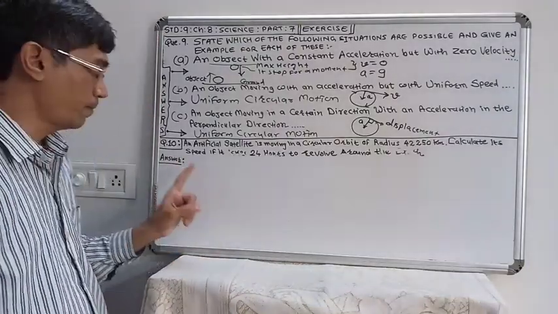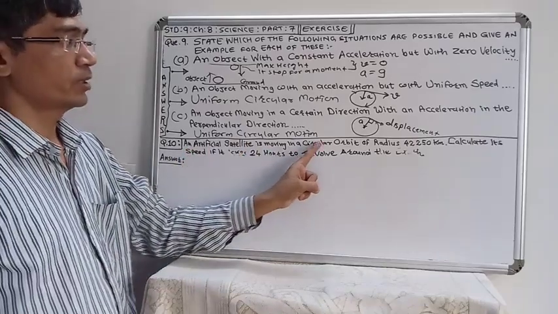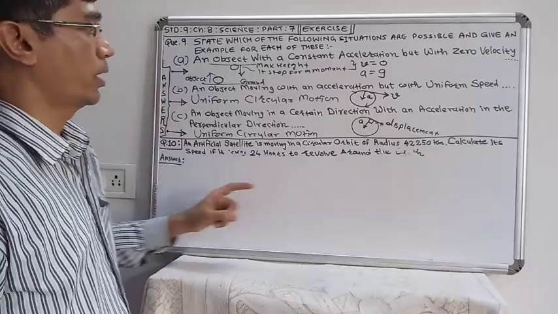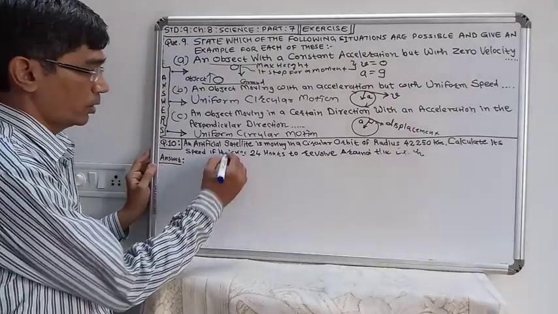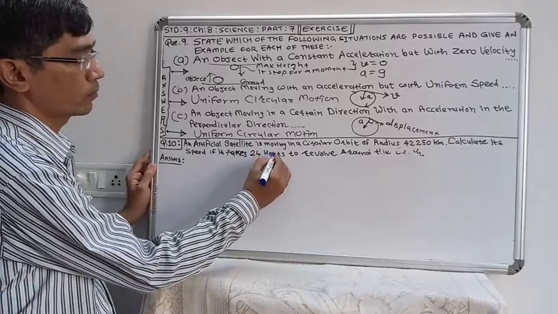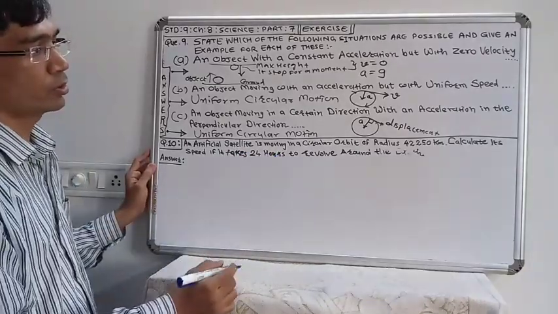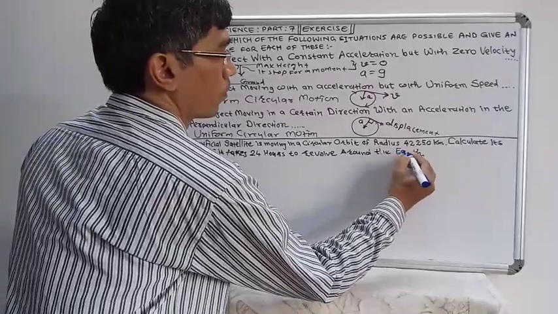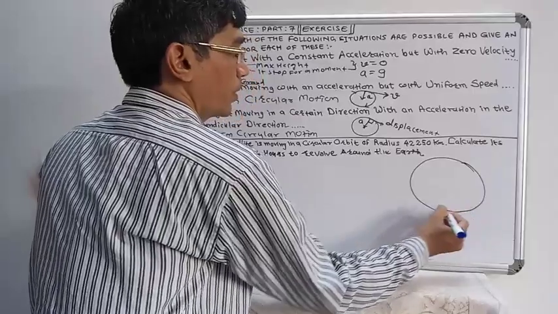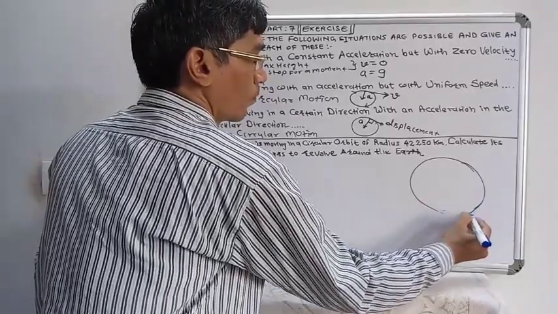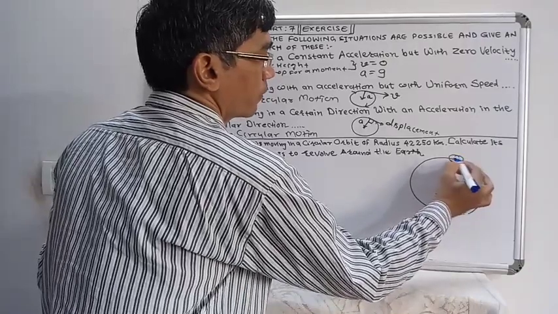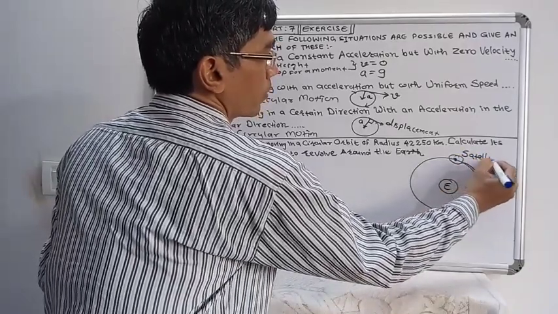Now question 10. An artificial satellite is moving in a circular orbit of radius 42,250 km. Calculate its speed if it takes 24 hours to revolve around the earth. So here we can take one rough diagram in which at the center we take the earth and here we take the satellite.